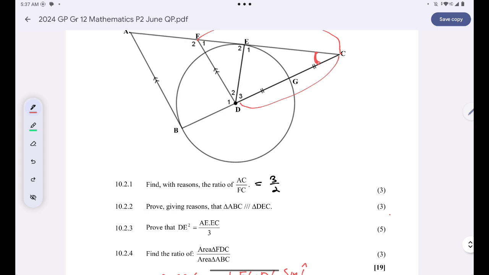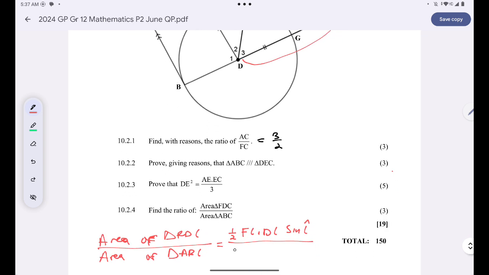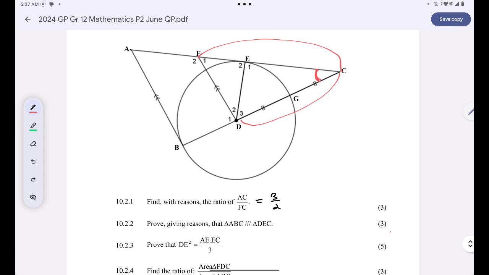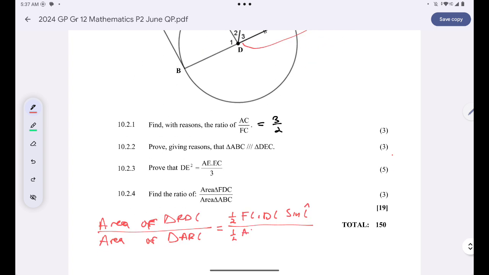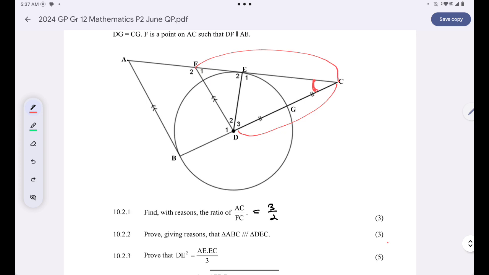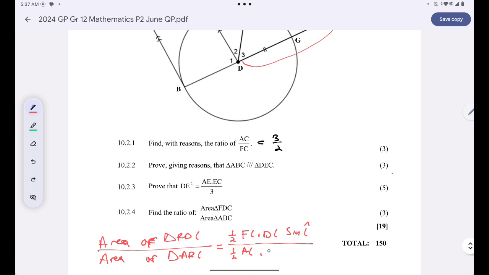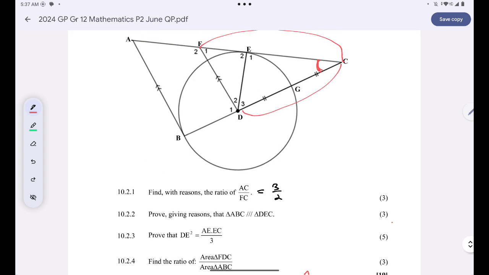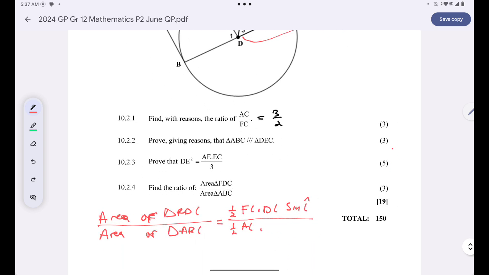And then the area of the bigger triangle is 1 over 2, and then I'll have what? AC multiplied by BC rather, sine of angle C. Okay, so this guy will cancel this one.